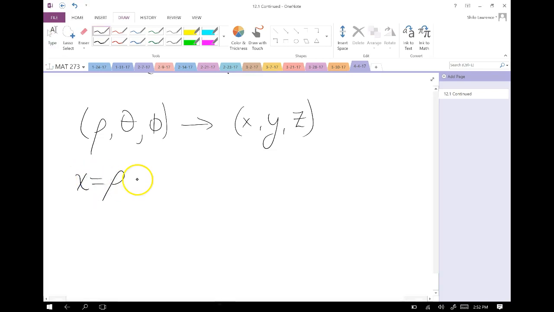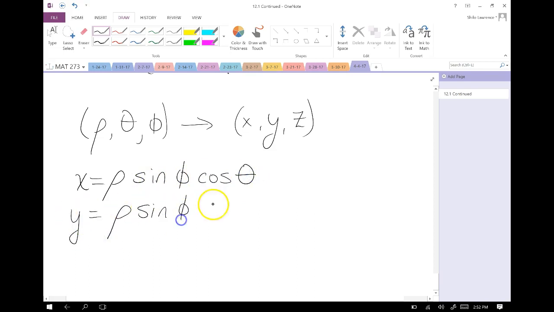X is equal to rho sine phi cosine theta. Y is equal to rho sine phi sine theta. And Z is equal to rho cosine phi.